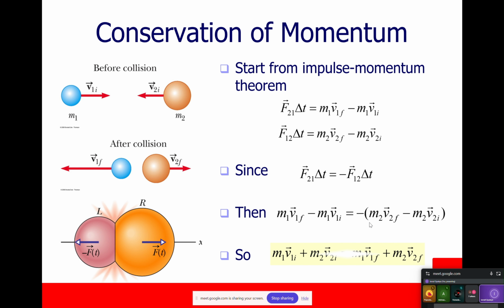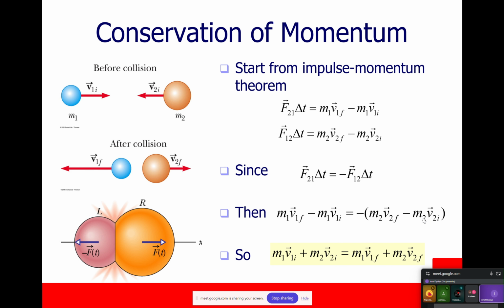So we rearrange by bringing all the initials together, but first we open these brackets with this negative sign. We have negative m2 v2 final plus, because this minus is going to multiply with this minus and change to plus, m2 v2 initial.